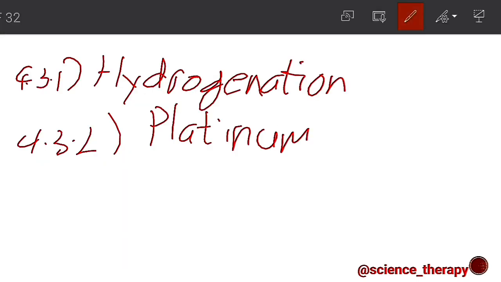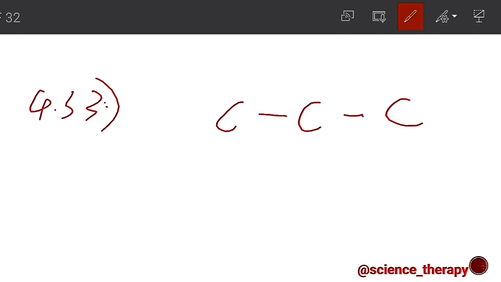So now we have 4.3.3. Starting off with the parent chain, we have 1, 2, like that. Then this goes like this.